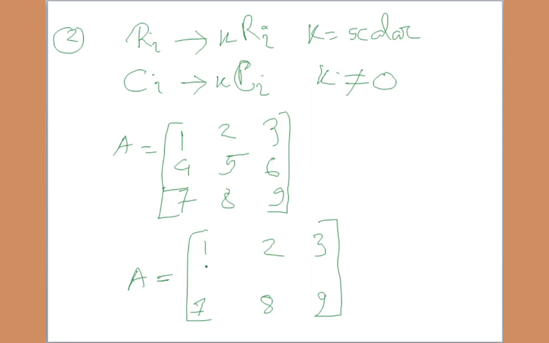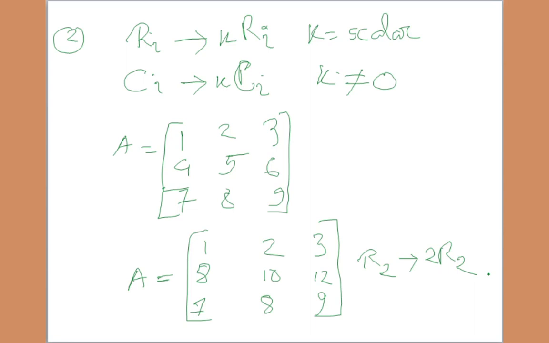So 2 4s are 8, 2 5s are 10, 2 6s are 12. What is changed here? The second row is changed: every element of the second row is multiplied by 2. This is the second elementary transformation of a matrix.